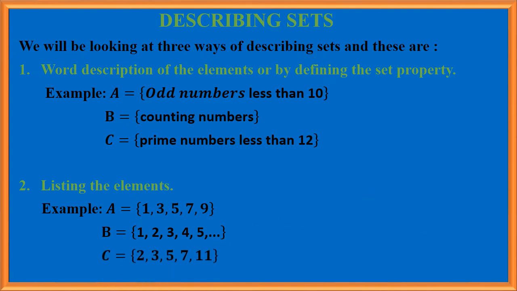We can also have set C to be 2, 3, 5, 7, 11, because C is a set of prime numbers less than 12. So the last element here is 11, which is less than 12. And we say that prime numbers are numbers with only 2 factors, that is 1 and the number itself. So these are described by words, and this one by listing the elements of the sets.